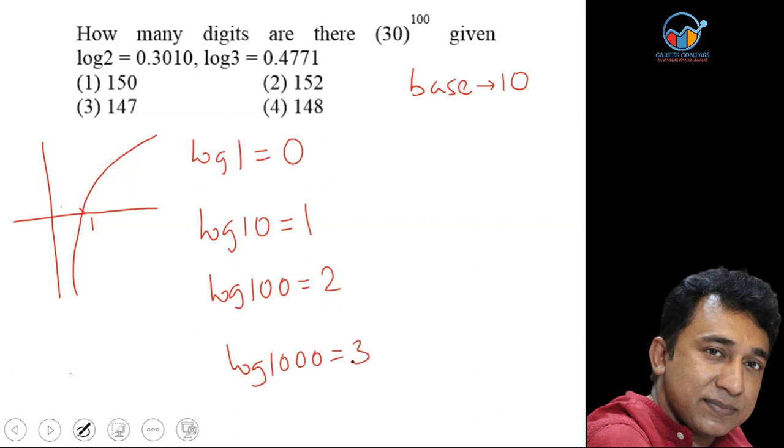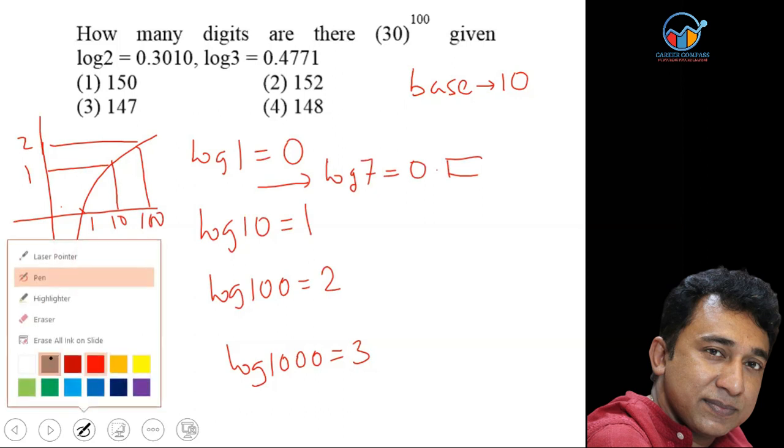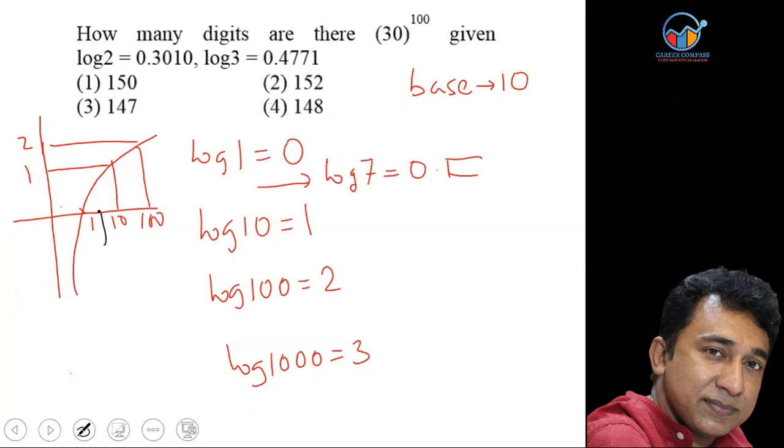Now understand, if I look at it graphically, any value like log of 7, let's say, will be 0 point something. Understand what I'm trying to tell you? So log of 7 will lie somewhere here.